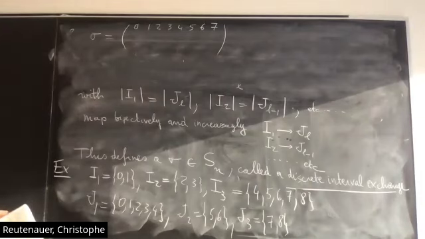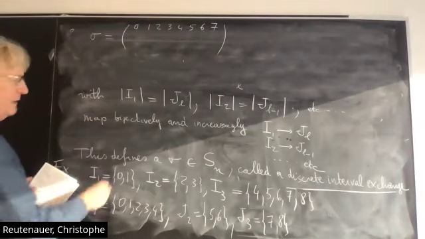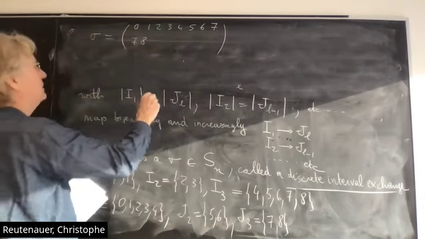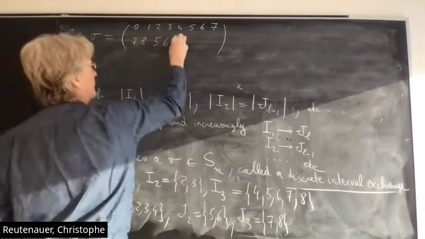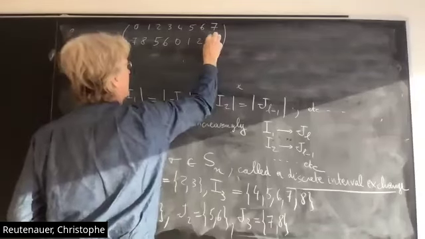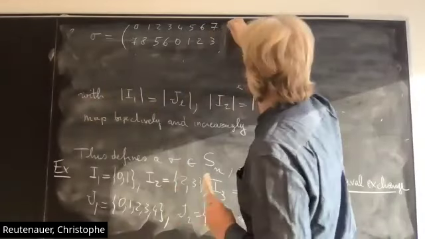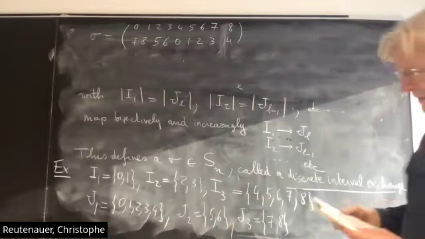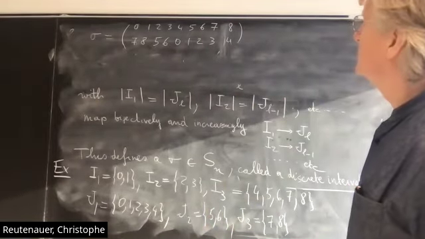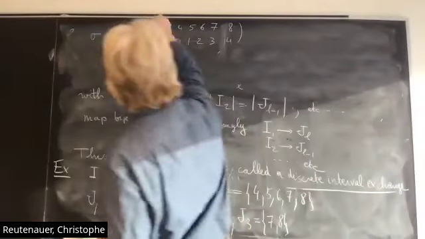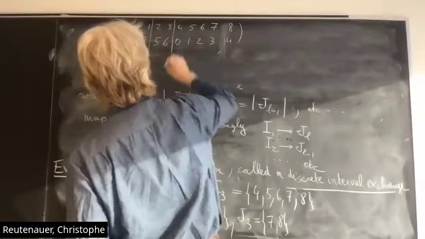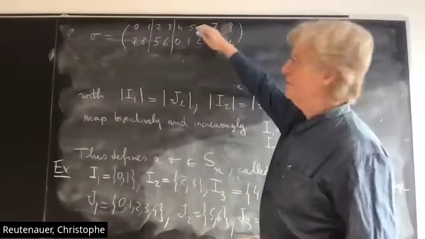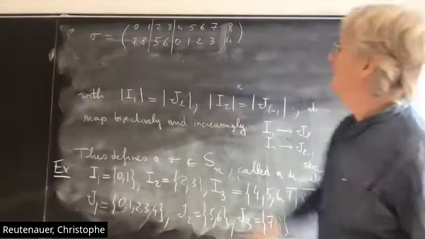So sigma, so I have 7, 8. This sigma is here. And you can see here the separations. And you see the two intervals, the I's and the J's.